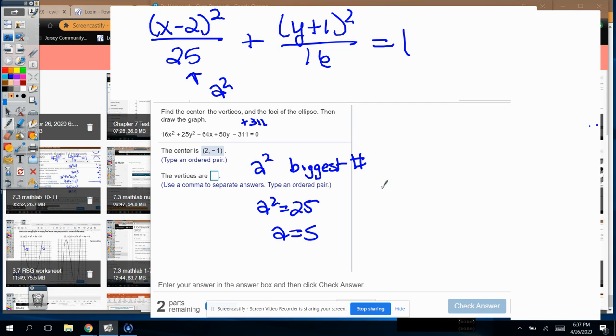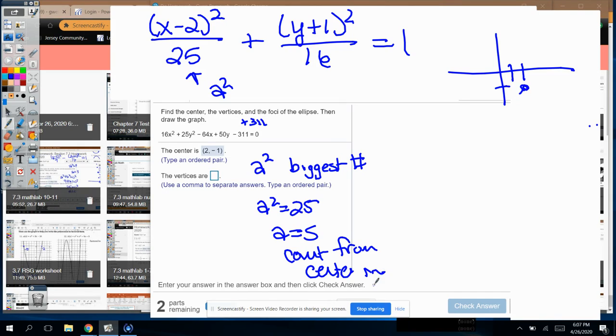You're going to have to do a little sketch here, guys. 2, negative 1. You count from the center in the direction of X. So in the X direction, that's left to right, we're going to count 5. 1, 2, 3, 4, 5.